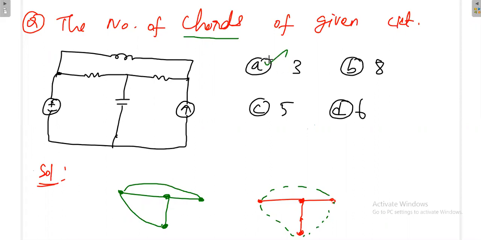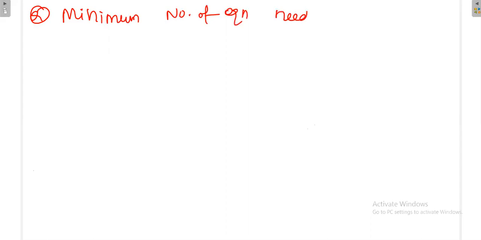So what is the next question? Minimum number of equations needed to analyze the circuit.